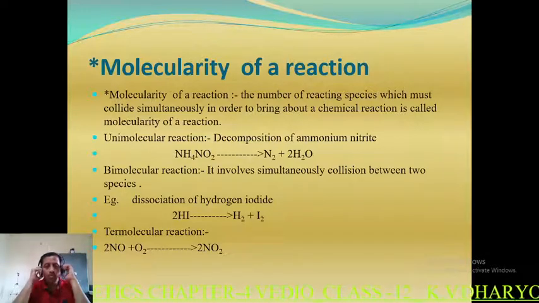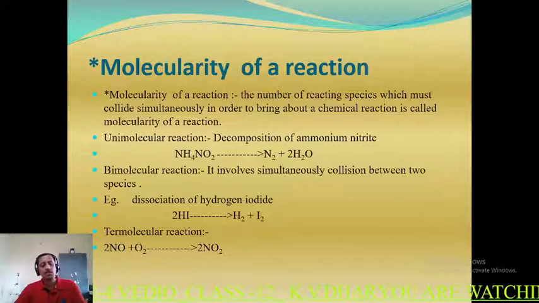If molecularity is 1, it is called a unimolecular reaction, like decomposition of ammonium nitrite. If molecularity is 2, it is called a bimolecular reaction. It involves the simultaneous collision between two species. A termolecular reaction is one where the molecularity is 3. So molecularity is determined by the number of species which must collide simultaneously.